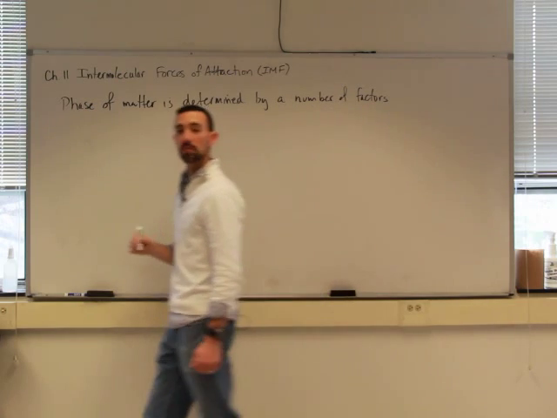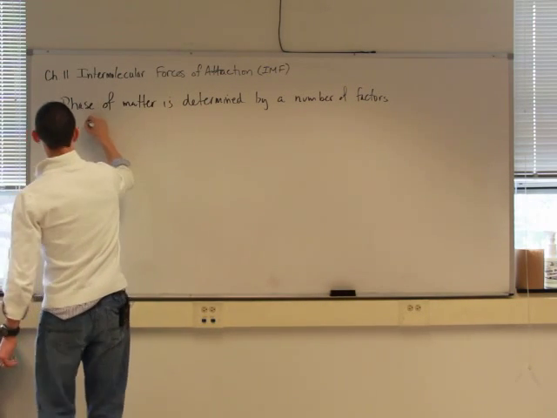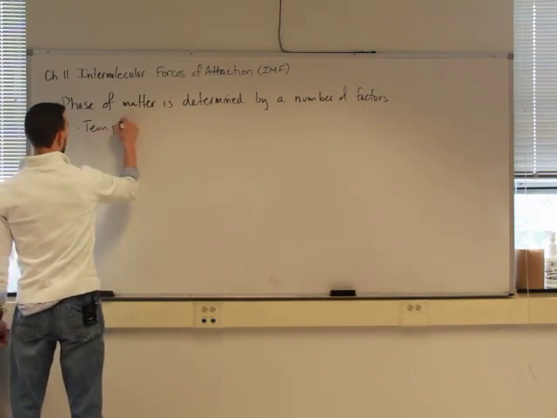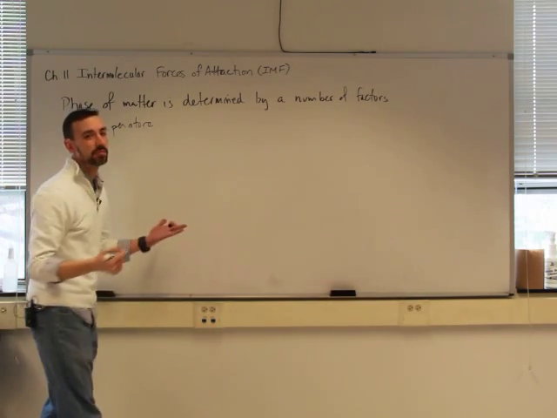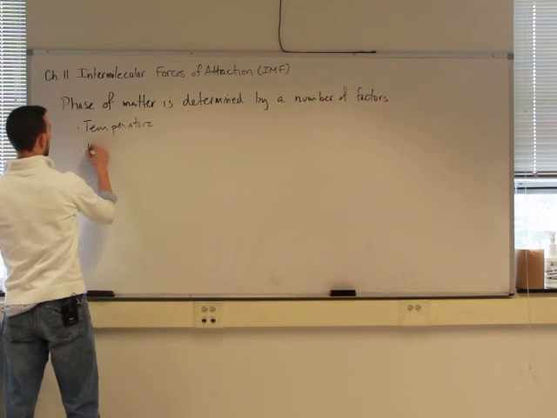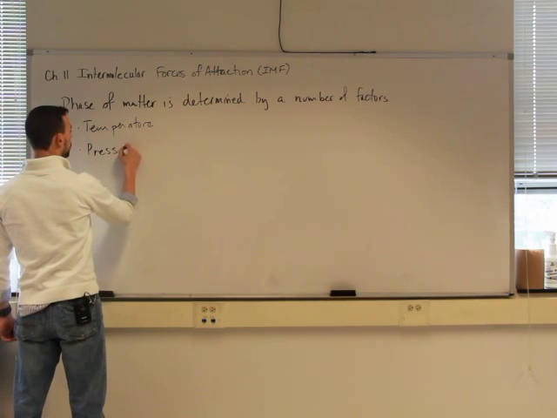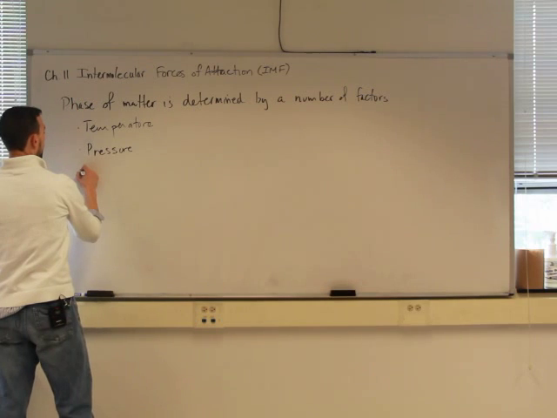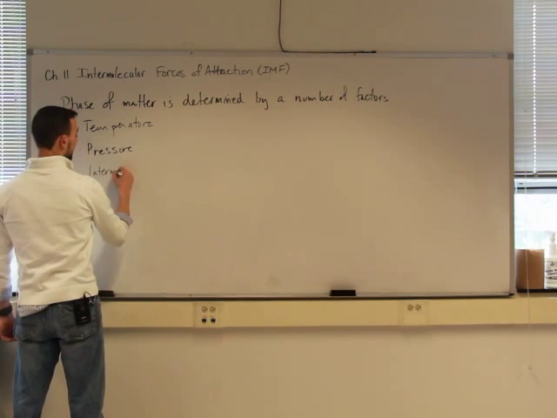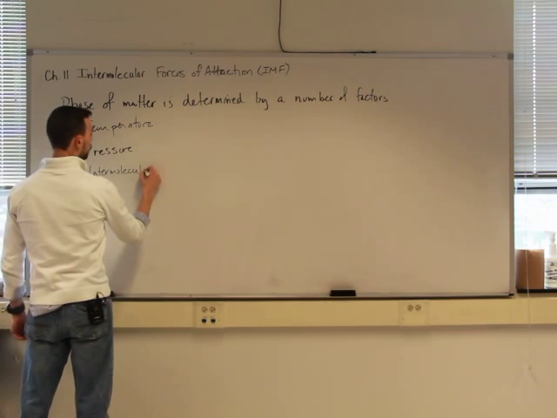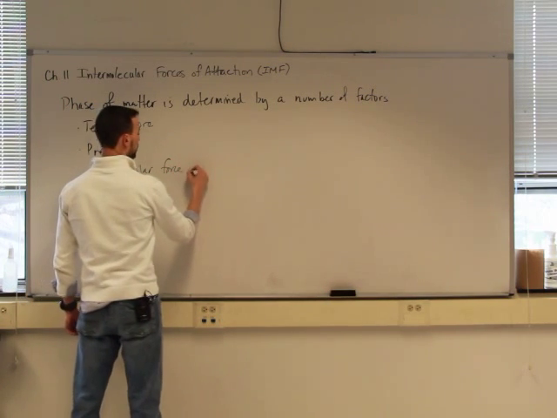Underlying those are the temperature, of course, although we've just talked about how all of the objects in a room like this have the same temperature. Okay? The atmospheric pressure can play a role in this. All right? But the big one, the one that we want to learn about in today's lecture, is the intermolecular force of attraction.